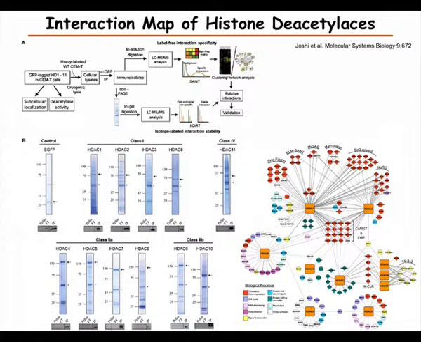This just shows another example of what people have done, and there are many examples. This is probably what mass spectrometry-based proteomics has been most successful at, and what most people are working on, which is to elucidate components of different protein complexes.